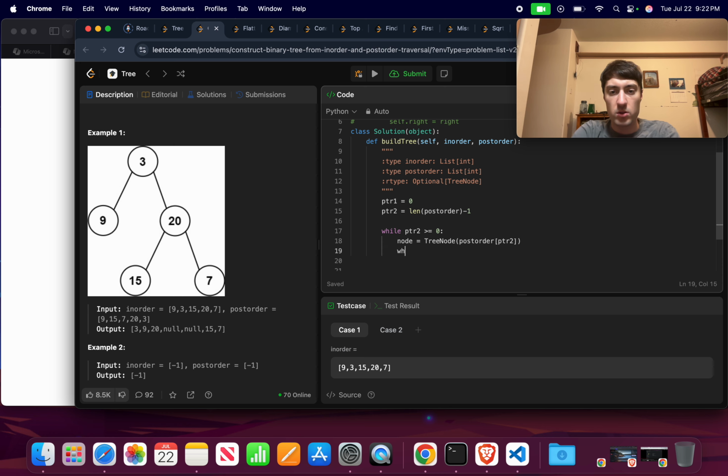While pointer 1 I need to go through here and find when it's the value, and I forgot how to look that up.